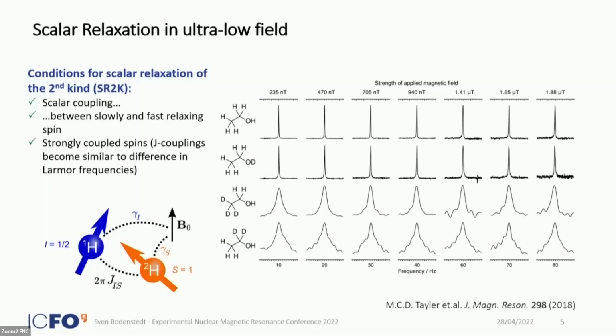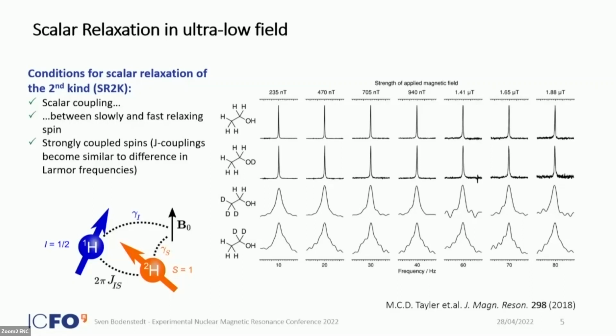So here we have different spectra of ethanol in ultra-low fields. I think the highest field is about 2 microtesla, which is about 80 hertz of Larmor frequency. And depending on which hydrogen or which protons you replace with deuterium, you see a significant change of the line width.